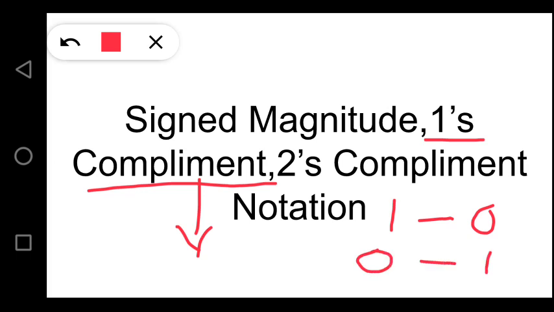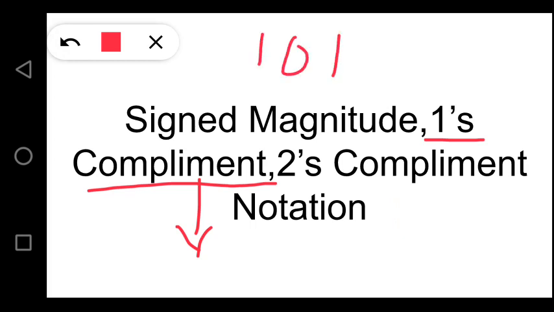So this is called 1's complement notation. So 1's complement notation means make everything as complement. If you have a number like 1011, let's assume this is one binary number.